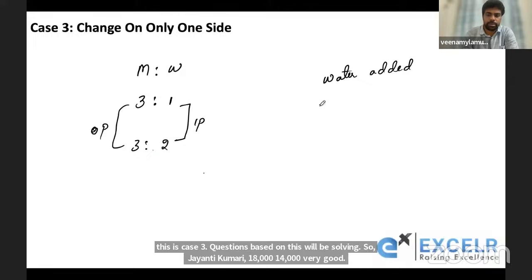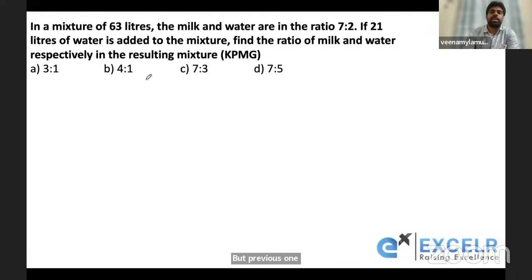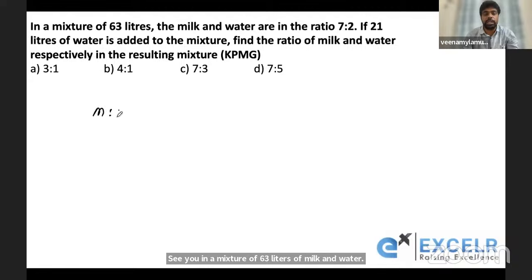See, in a mixture of 63 liters, milk and water are in the ratio 7:2. So milk to water initially is 7:2 and milk plus water is 63 liters. What is he saying?